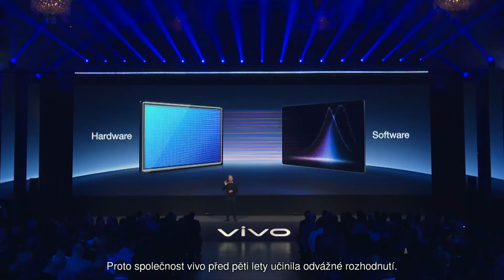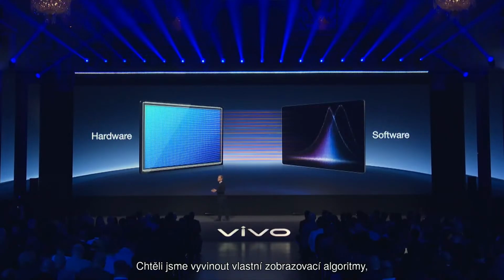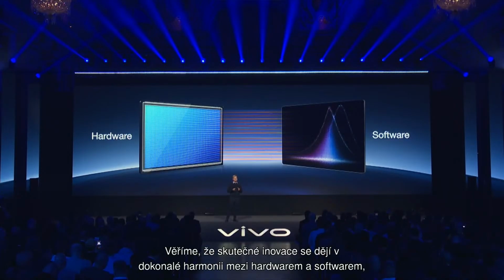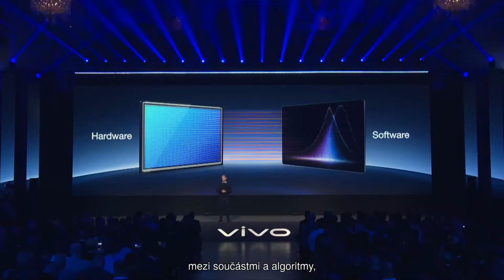That's why 5 years ago, Vivo made the bold decision. We wanted to develop our own custom imaging algorithms, and we decided to stop relying on off-the-shelf optic solutions in our X series. We believe true innovation happens in perfect harmony between hardware and software, between components and algorithms.